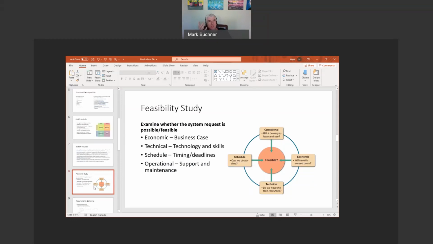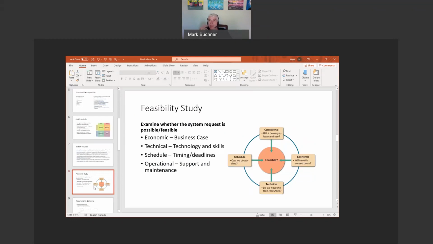Even 10 years ago it seemed like a dream. Now we do these kinds of things. So technical feasibility has upgraded, and everyday businesses can start using technology that might have been completely out of reach years ago, like artificial intelligence, machine learning, deep learning, and things like this.